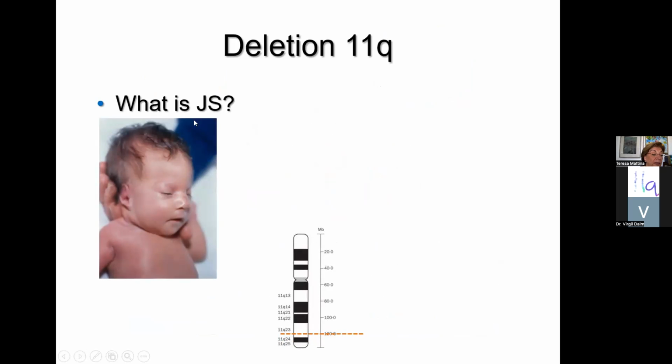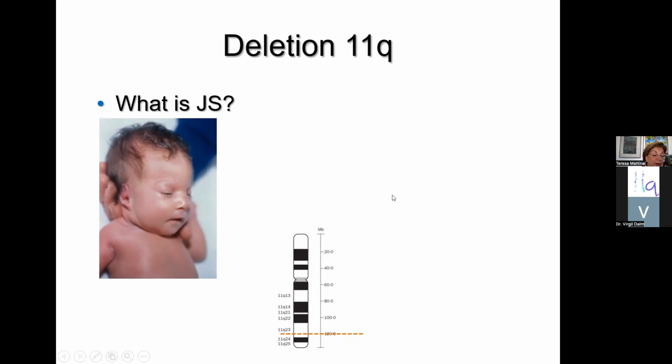Jacobsen syndrome is a syndrome characterized by some facial dysmorphics, some disability, organ malformation, and is due to a chromosome deletion, loss of a piece of chromosome.